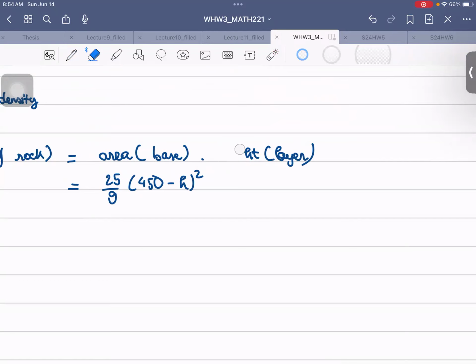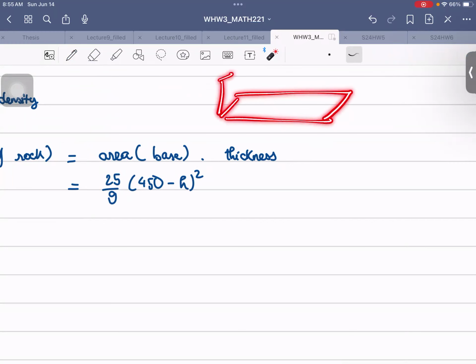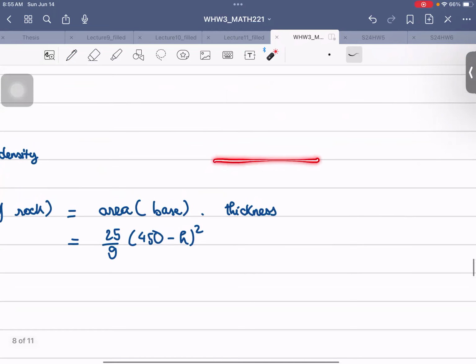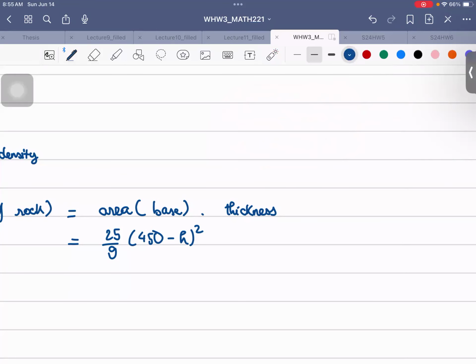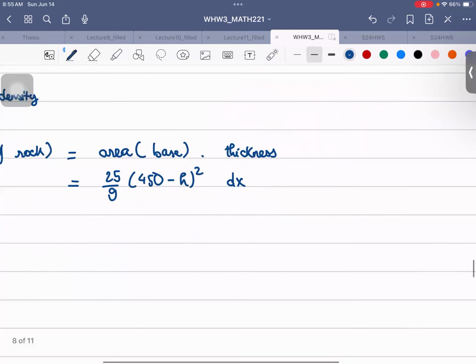Now, you want to find the volume for the layers of the rocks. So you need to take the area of the base multiplied by the thickness, and the thickness is just the length of your discretization, which is delta x or dx.